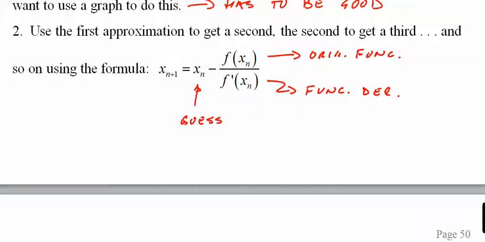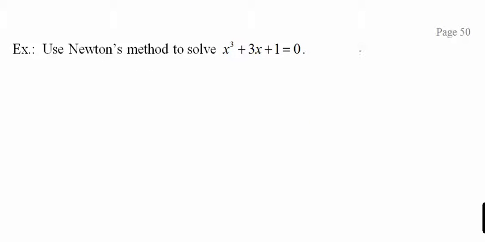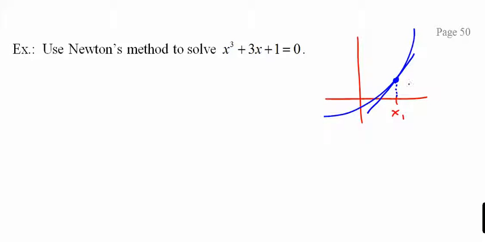To give you a rough idea why this works, I'll slap it out here. What's going on is this, and it's a hypothetical situation. You'll have to bear with me. Here's the curve, so you go up, you say here's the slope, and this is f of x1. This, of course, is 0.